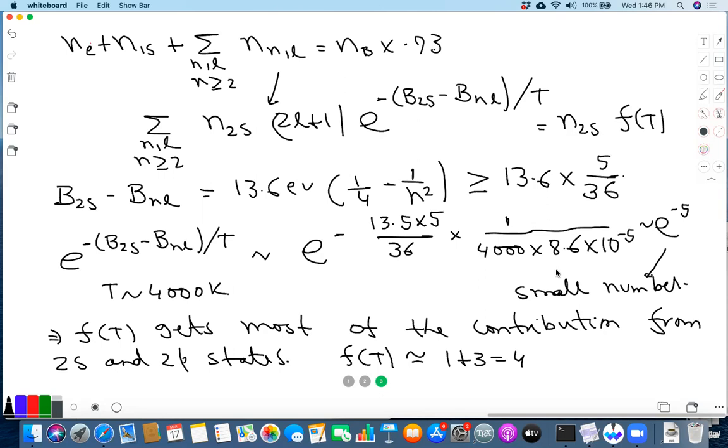So our goal now will be to try to set up a differential equation. And to do that, let's first introduce some nicer variables which involve ratios. And the way we'll do it is that we'll divide by this conserved number nb times 0.73, all of these, to define some nice ratios.